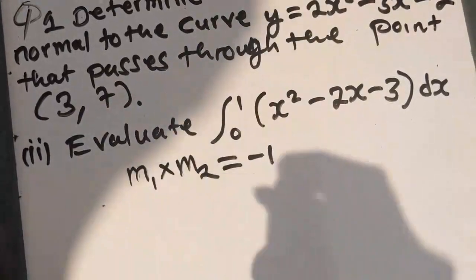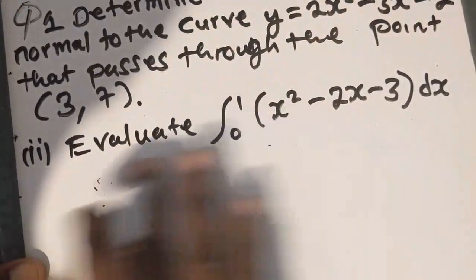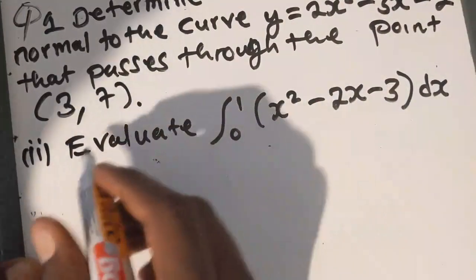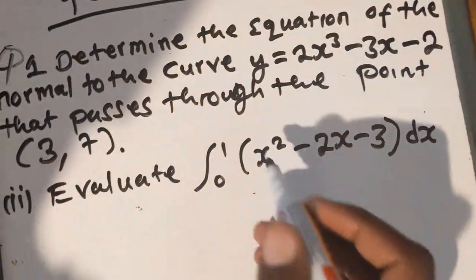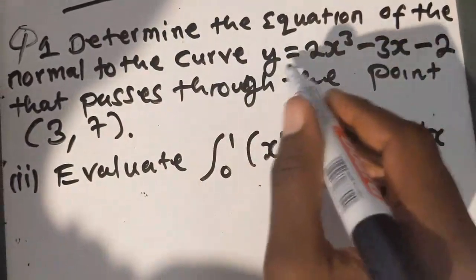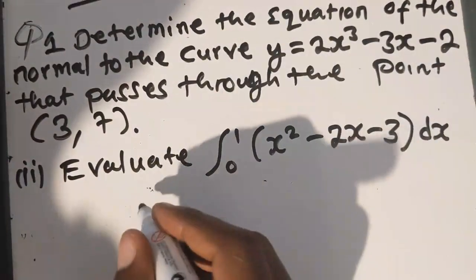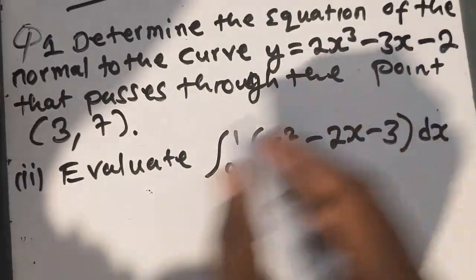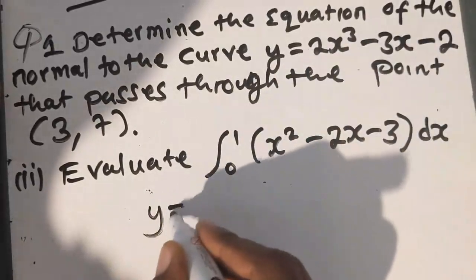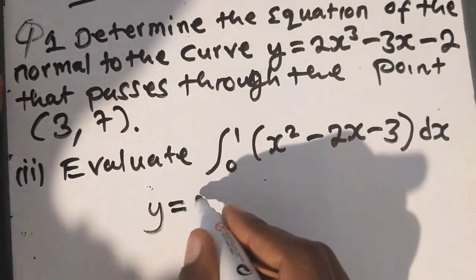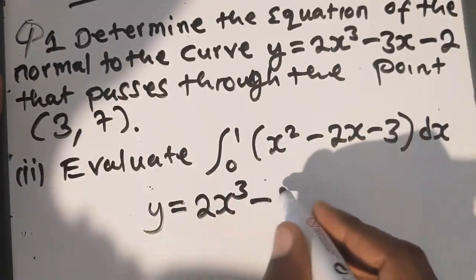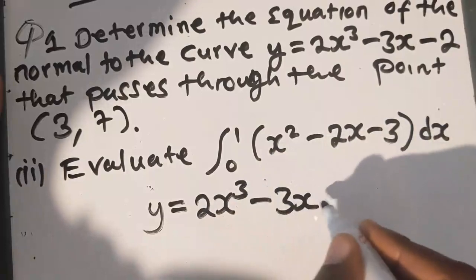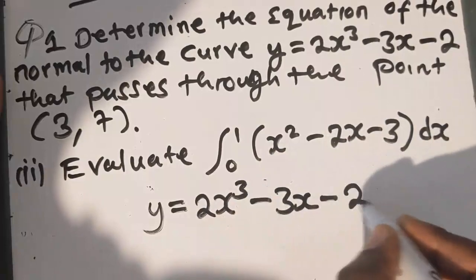So let's solve. Let's start with question 1. This is calculus. We have the equation y is equal to 2x to the power 3 minus 3x minus 2.